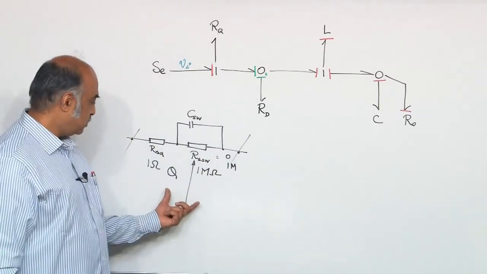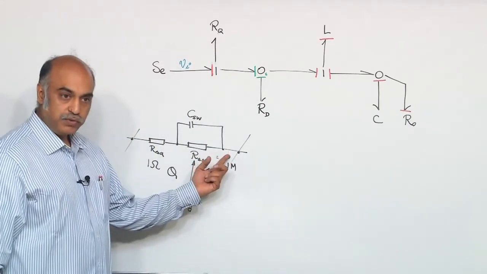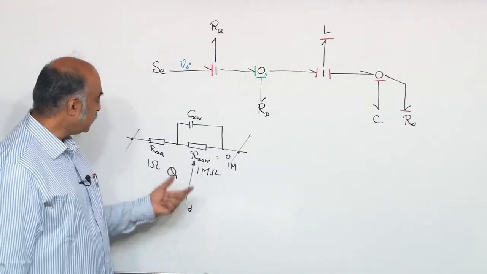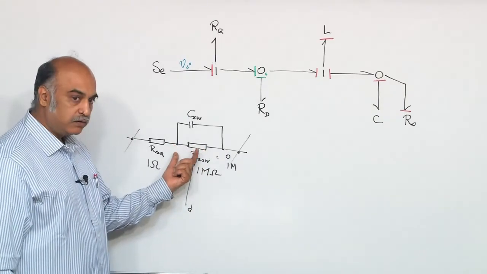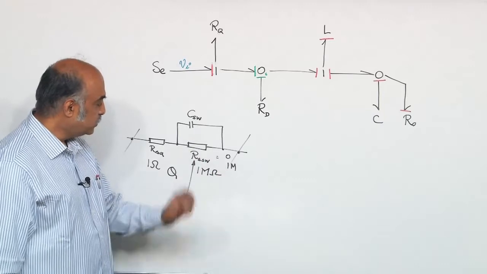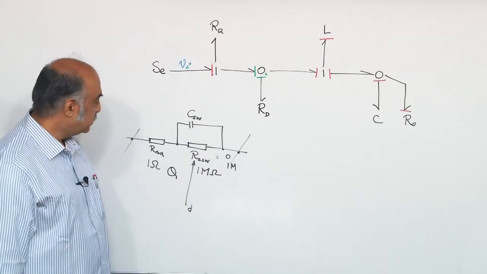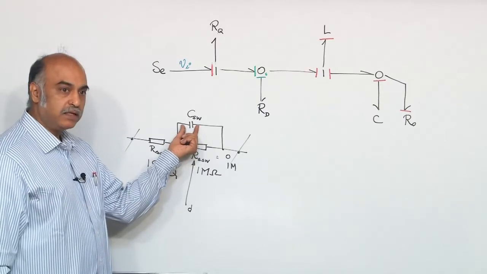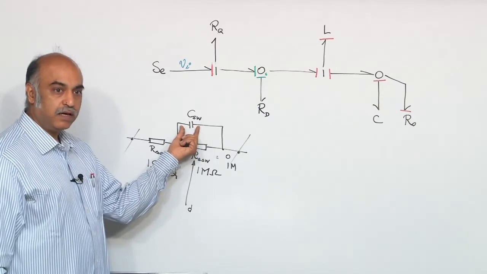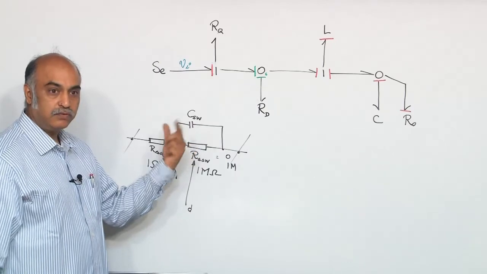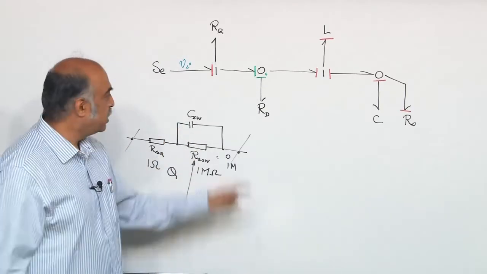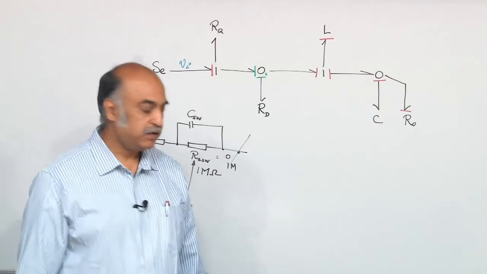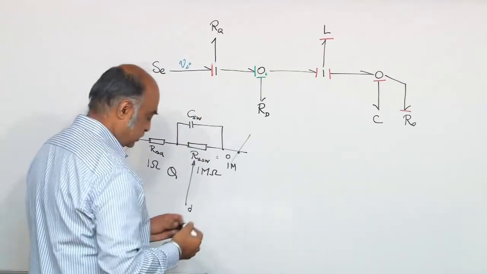When it is on, it will take the value 0, and when it is off, it will take a value of 1 meg, and this capacitor here will withstand the entire voltage of the sigma E. Sigma E of this one junction, if I have to write it, would look something like this.